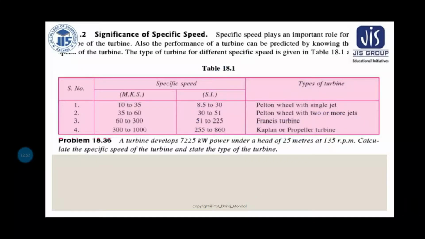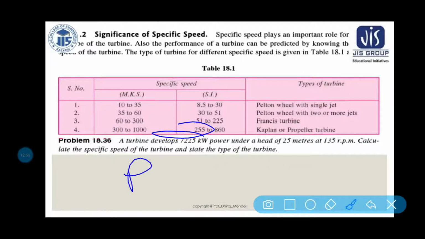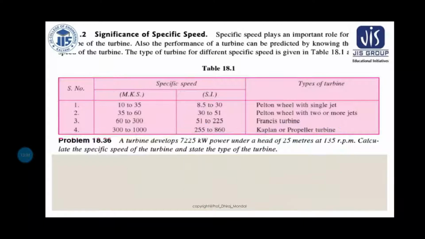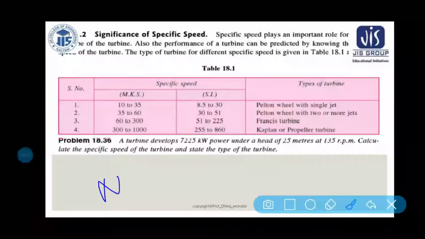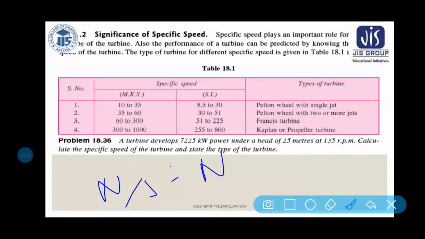That means if you see this numerical, the developed power is given, the head h is given, rpm speed is given. Calculate the specific speed of the turbine and state the type of the turbine. So specific speed formula, we know that specific speed is equal to n root over p by h to the power 5 by 4.